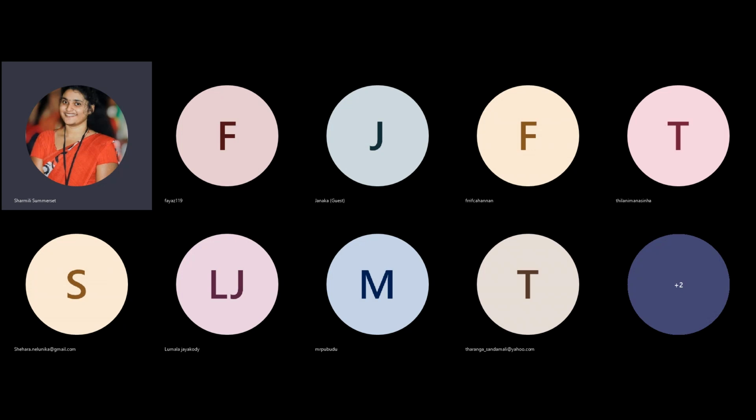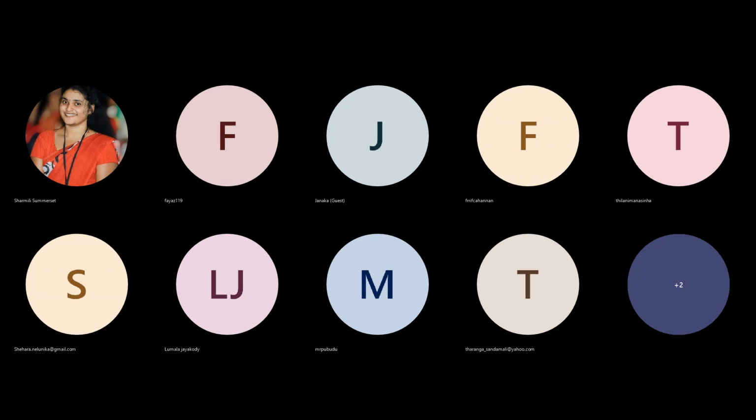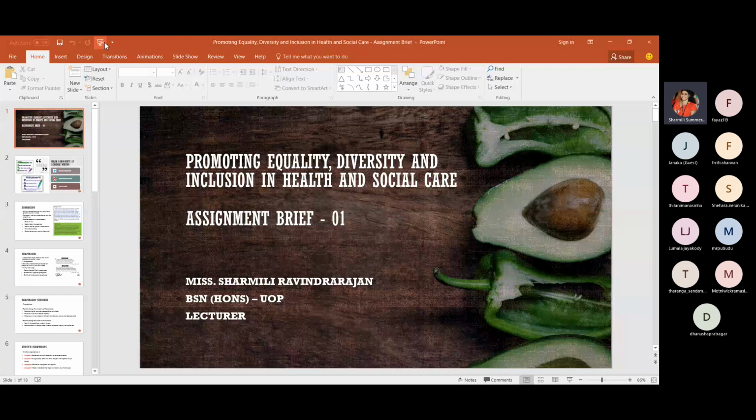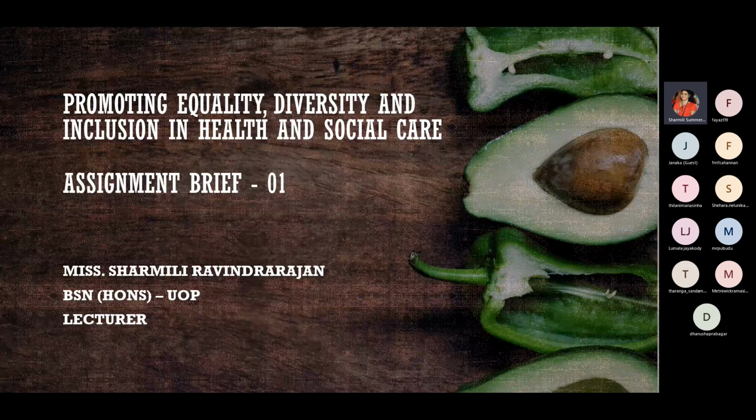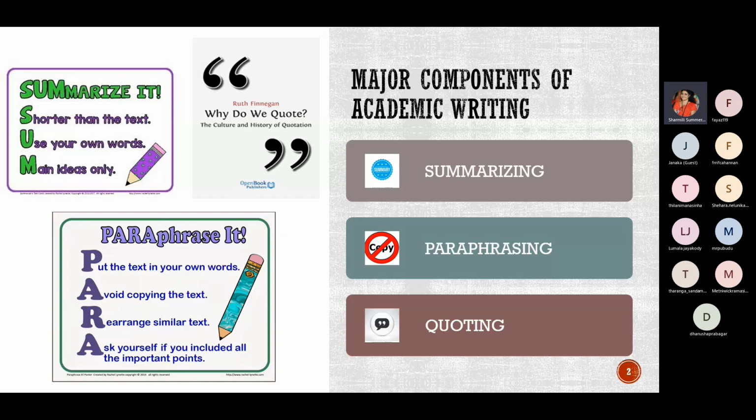In the previous class, you asked how you are going to write a report, and what things you need to follow between report and essay. Here you can identify. Academic writing mainly focuses on report writing.